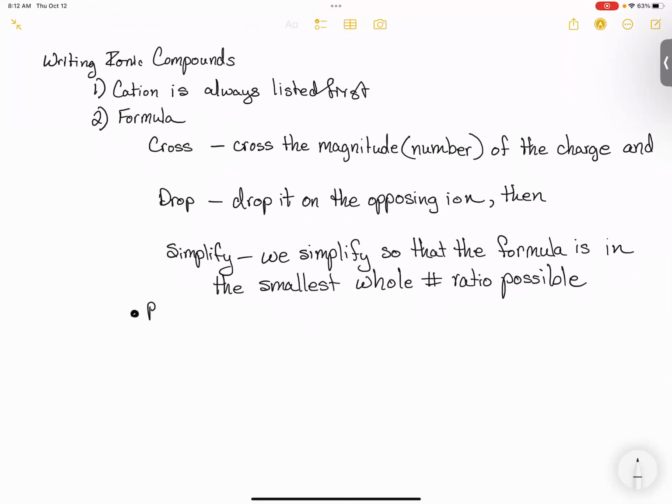And this specifically deals with polyatomic ions.